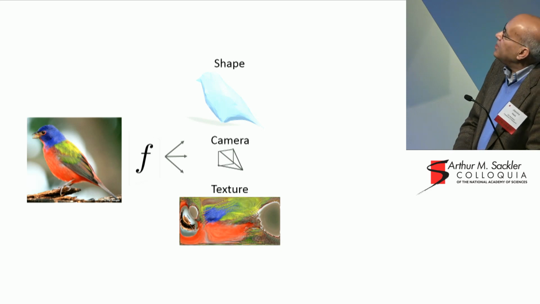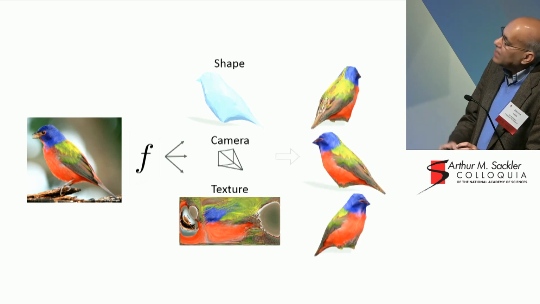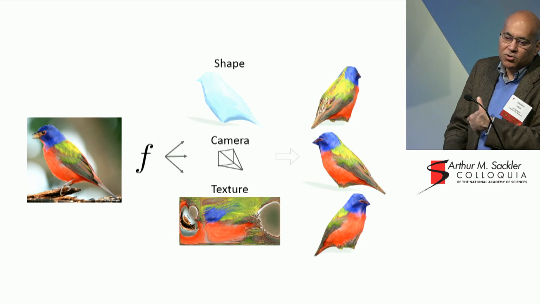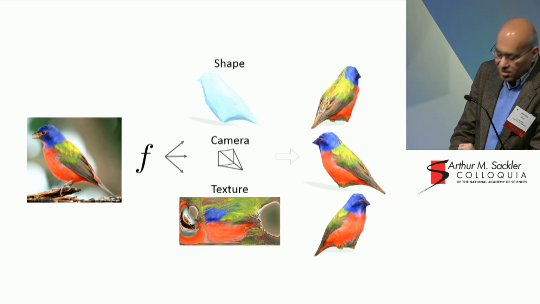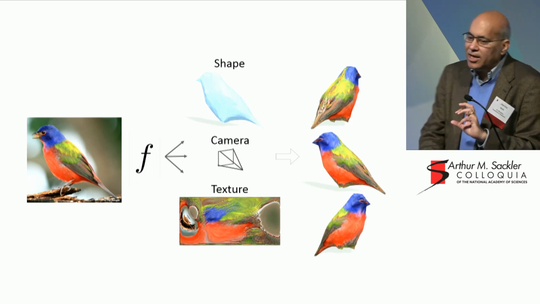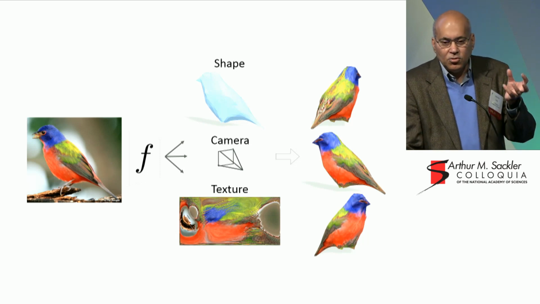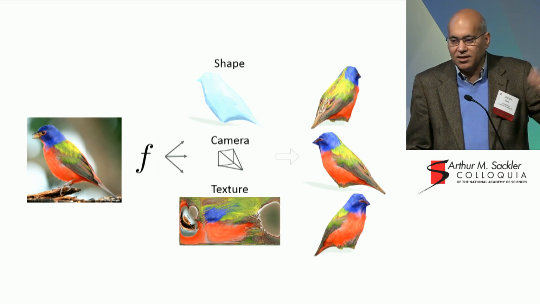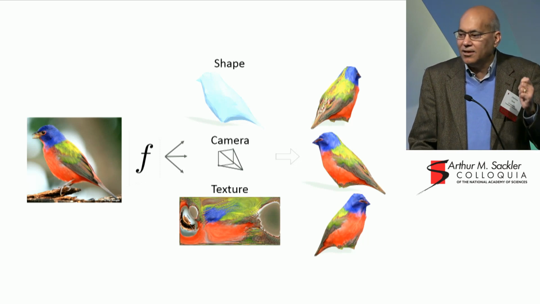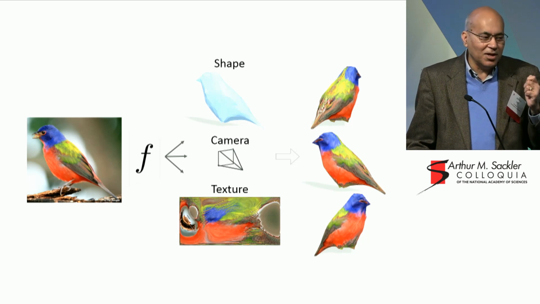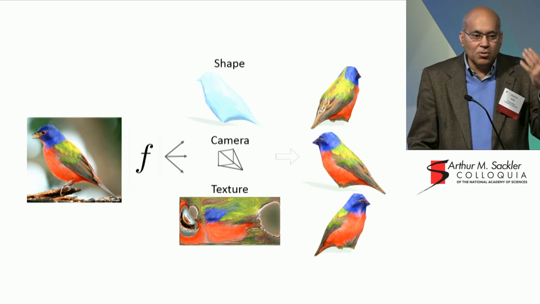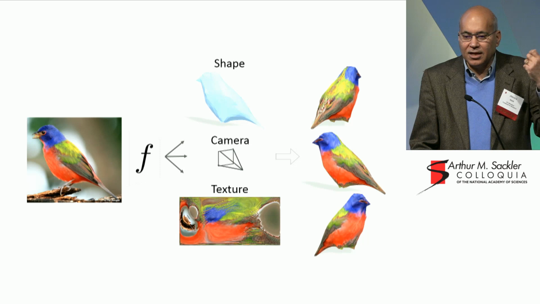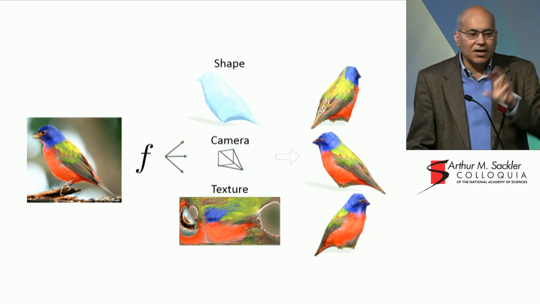that from this single image, we are able to predict its 3D shape, what's the camera viewpoint, as well as the texture. And once you have that, then you can, of course, predict what it would look like from different viewpoints. So what we need to do is essentially a way to bring into this function approximation machinery with stochastic gradient descent, otherwise known as deep learning, the kinds of classical constraints that the projections have to be consistent.